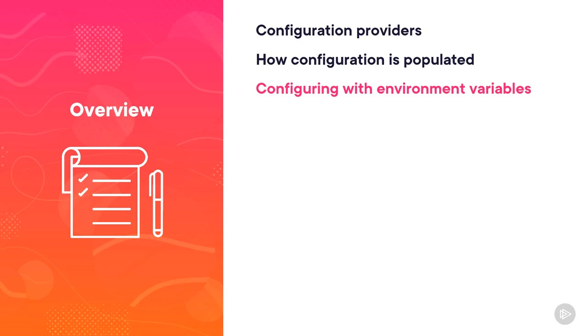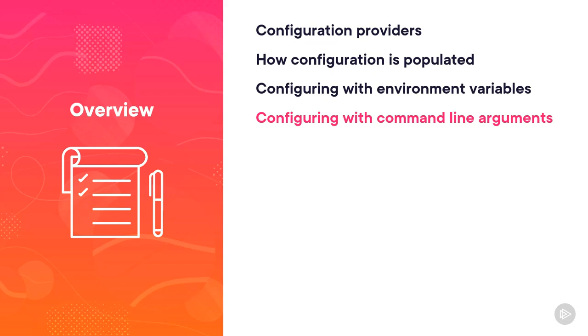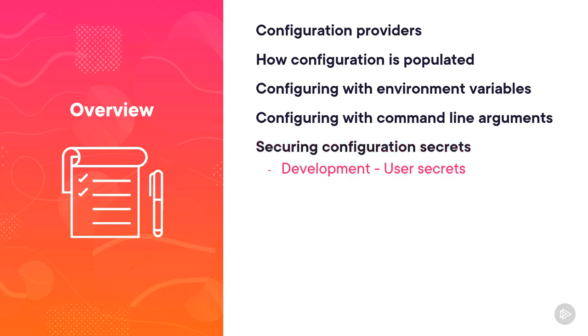We'll explore how to define configuration using environment variables and how to provide configuration through command line arguments when running an ASP.NET Core application. An important topic we'll discuss is how to ensure that our sensitive configuration values are adequately secured. We'll look at how we can define user secrets in development and for production, how to leverage Azure Key Vault for secure configuration storage.